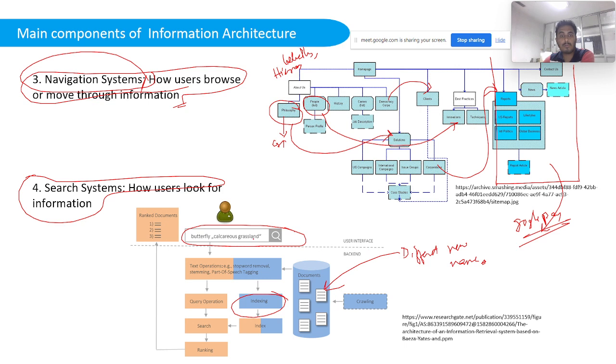When someone searches, for example, if I want a blue sky, blue sky can be the actual blue sky, or it can be an apparel name. So how will the system recognize which one to show?